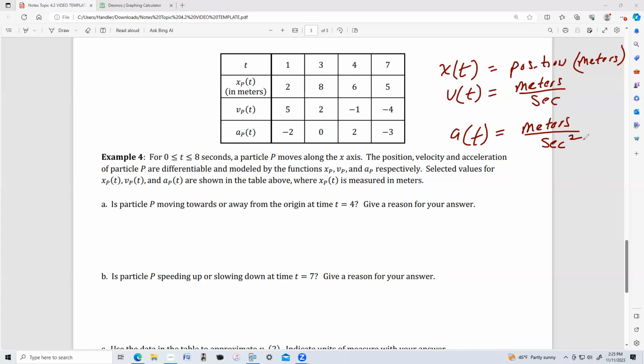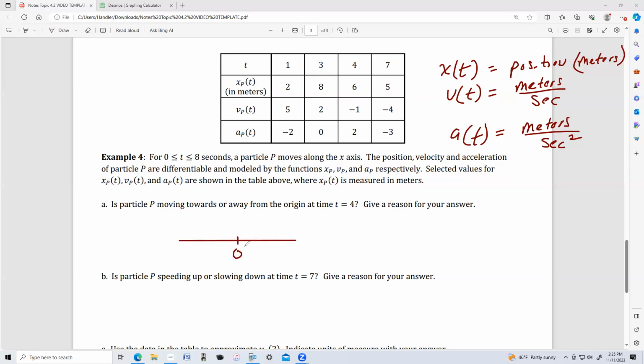Question A, is the particle P moving towards or away from the origin at time 4? Give a reason for your answer. Okay. So if we draw a little number line like this, I'm going to put 0 in the middle for the origin.